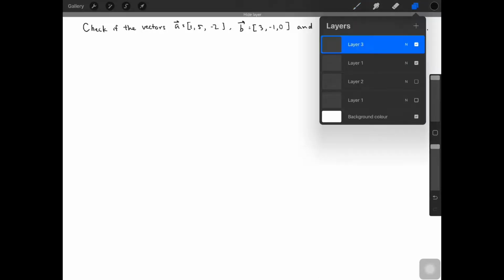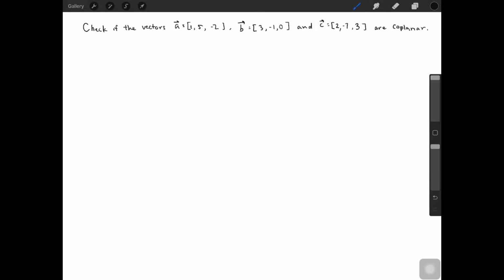Okay. So here we have three vectors as well. So let's do the same thing we did. Let's start with (2, -7, 3) equals K(1, 5, -2) plus M(3, -1, 0).